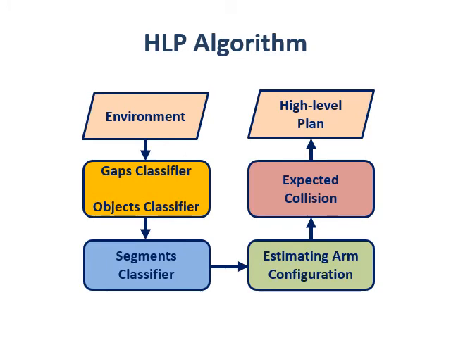So we run a regression model to estimate the human arm configuration with each combination of gaps and objects between rows. And we compute the expected collision associated with each path from the first row to the second row. Finally, we output the high-level plan as the path with the least expected collision.